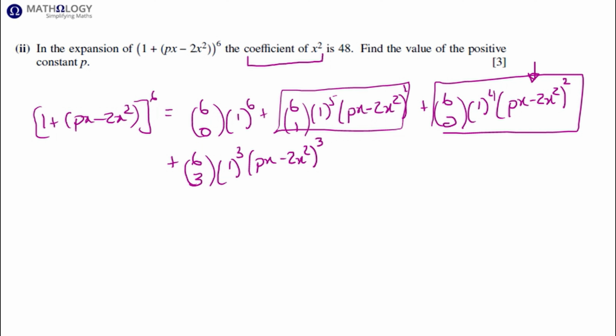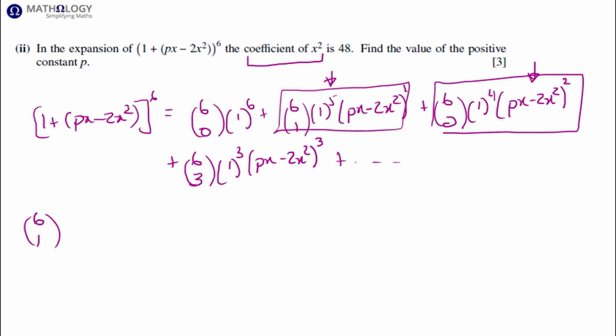We'll get more than that, but we will get an x squared term out of that. As we proceed further, we've got (px - 2x squared) to the power of 3. We're not going to get an x squared term out of that, and we're not going to get an x squared term out of any of the terms that follow this. So we are only concerned with the second term and third term of this expansion.